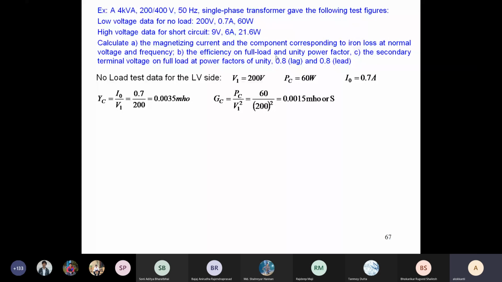Once you get YC and GC, you can find out the BM. It is the square root of YC square minus GC square.